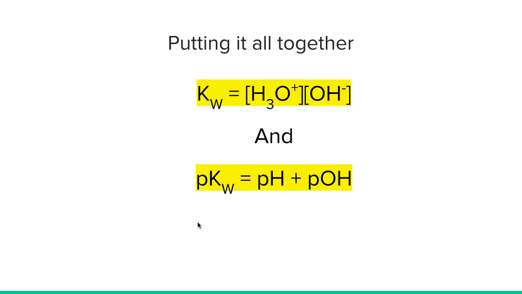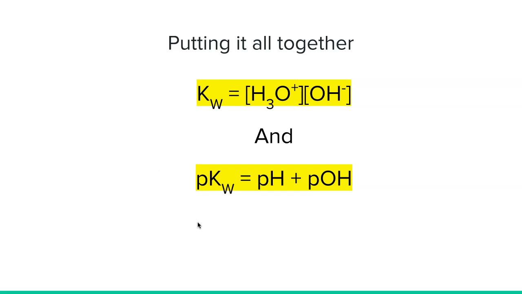Some useful equations here, outside of just the pH: Kw is equal to the concentration of H3O plus times the hydroxide concentration. And pKw is going to be equal to pH plus pOH. Now, when we convert Kw into pKw, and you can try this out in your calculator, we take 1 times 10 to the negative 14, and that becomes 14.